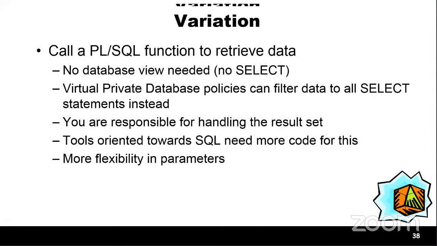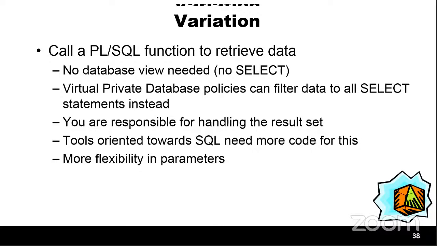Amazing. So a variation is the get routine that I showed you from QuickSQL. This is something that you could add for selecting data. So you could be calling a procedure to select data instead of just a select statement. But the virtual private database policies can filter data if you've got some business rules that need to be implemented for selects, and they can do pretty much what you need.